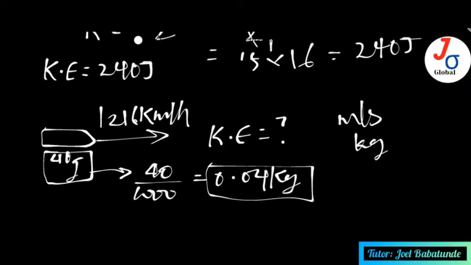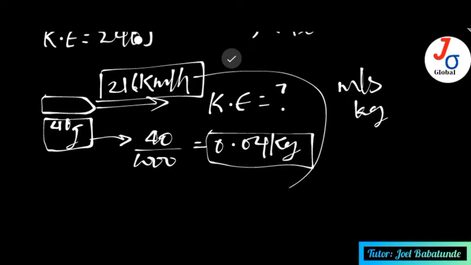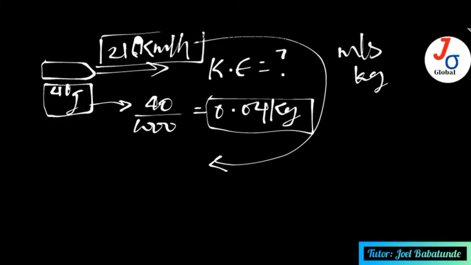Then you also have to convert this 216 kilometers per hour to meters per second. So how do we do that? This means 216 kilometers per hour actually means 216 kilometers every 1 hour. Okay, good.